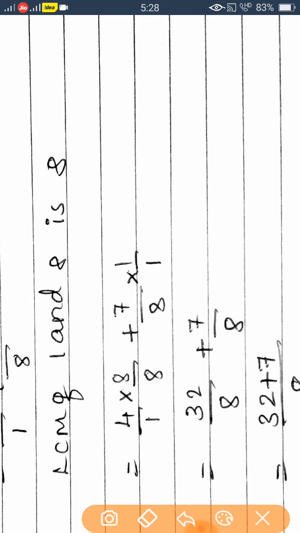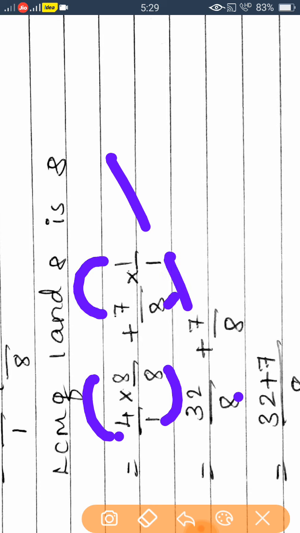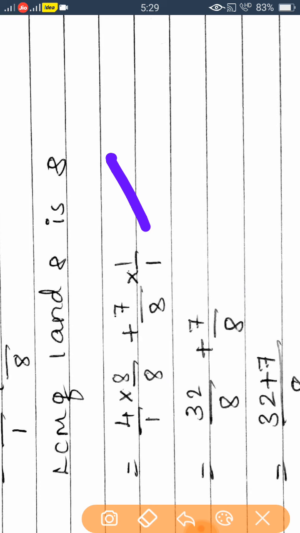So 4 by 1 into 8 by 8 plus 7 by 8 into 1 by 1. So 4 into 8 is 32. 1 into 8 is 8. 7 into 1 is 7. 1 into 8 is 8. See, now these two fractions have the same denominator.